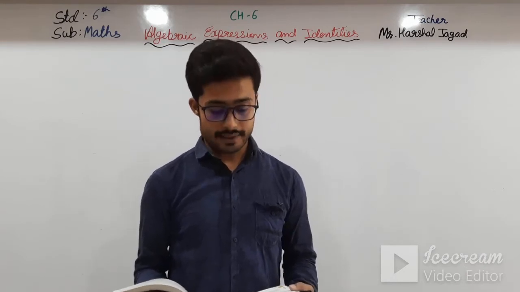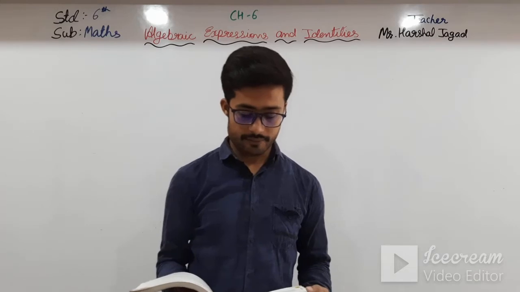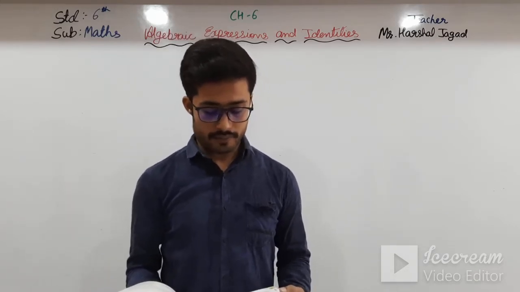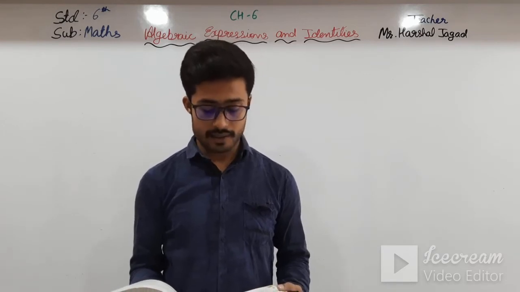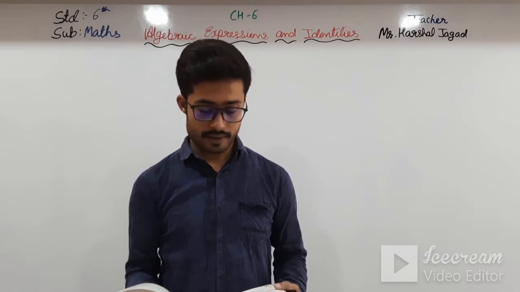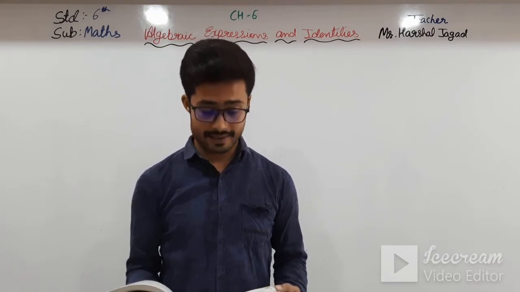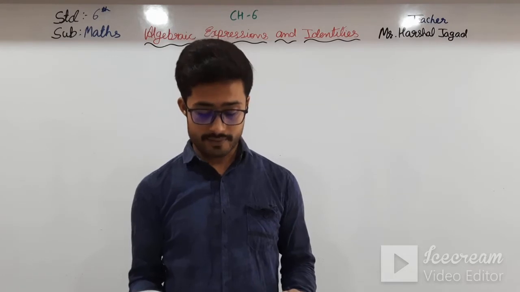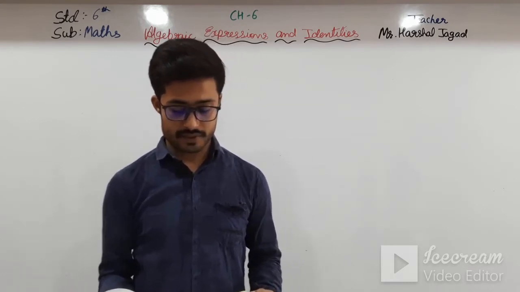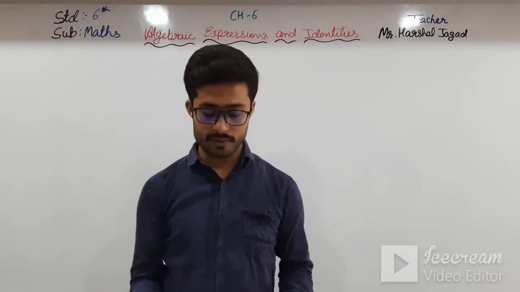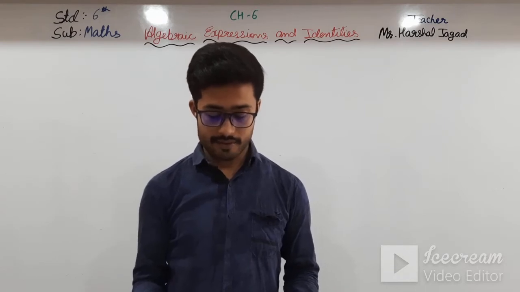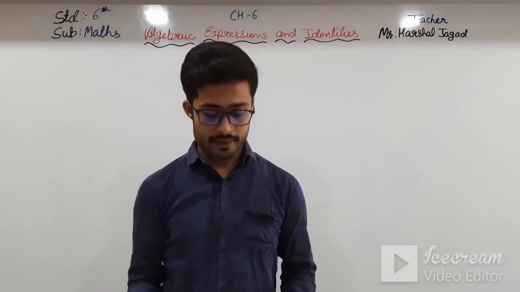Each term is either a constant like 8, minus 5, 56, etc., or a variable x, y, etc., or the product of a constant with variables, written as 4x, minus 34y, etc., or the product of different variables like ab, minus x cube y square, 76a cube b square c, etc. Look at the algebraic expression 7p square q plus 3pq minus 50. There are three terms in the expression: 7p square q, 3pq and minus 50.